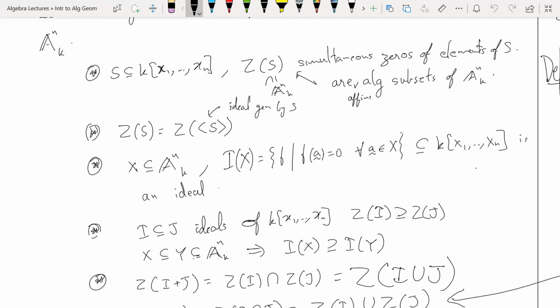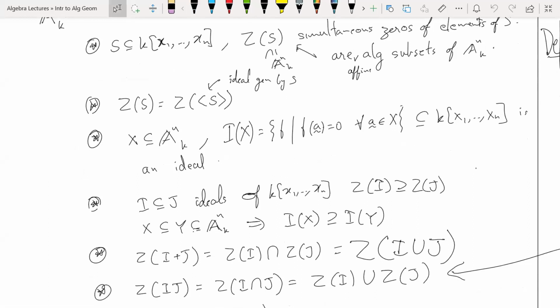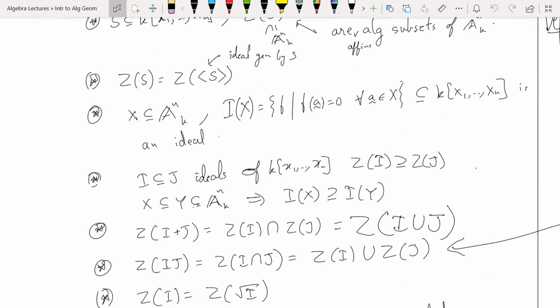And then we saw some basic properties. If I is contained in J, ideals of k[x1, ..., xn], then the zero set of I contains the zero set of J. So the zero set is inclusion reversing, and so is the ideal. If X is contained in Y, subsets of A^n_k, then I(X) contains I(Y).